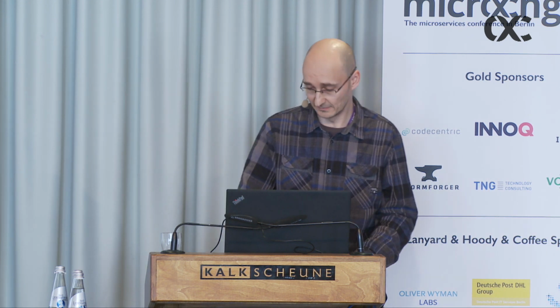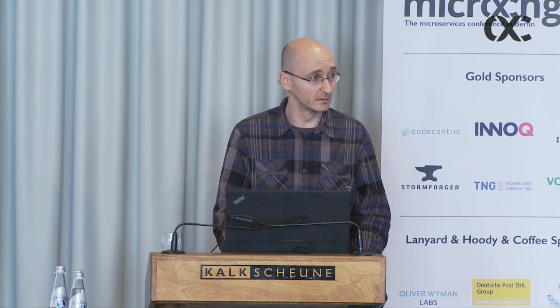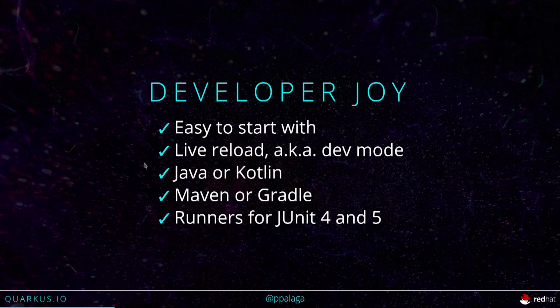And when you hit your endpoints or your application, it will recompile during the request. And because it's so fast, you will not notice that it is compiled. And I hope you will love this. There's Java or Kotlin, there's Maven or Gradle, and there's JUnit 4 or 5 runners.